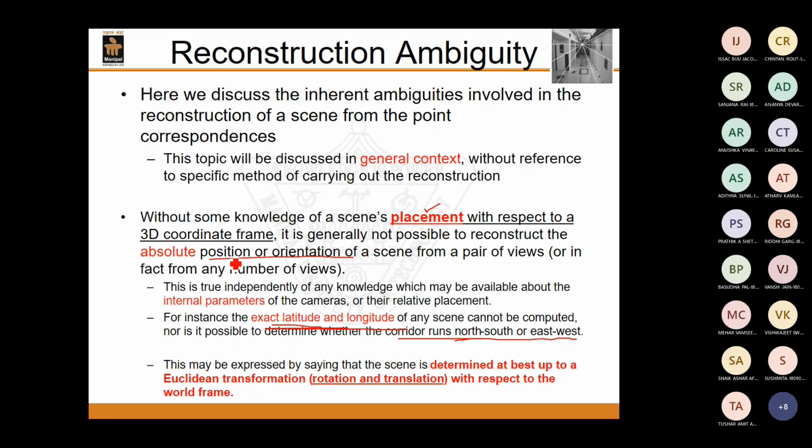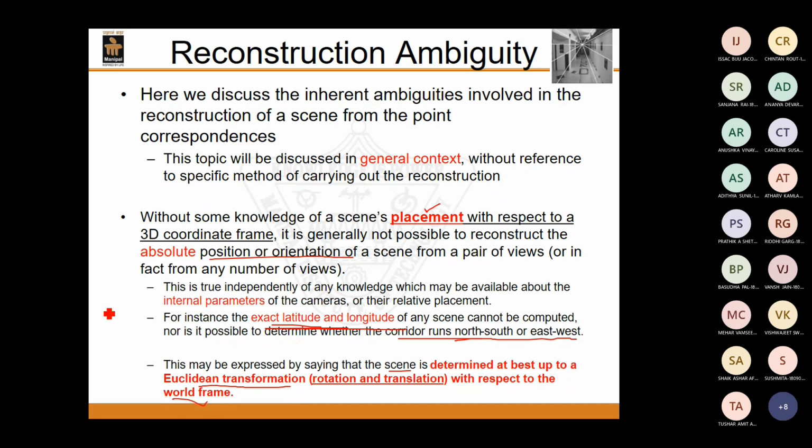Because we do not have a clear idea of the position and the orientation, we can say that the scene is reconstructed up to a Euclidean transformation with respect to the world frame.